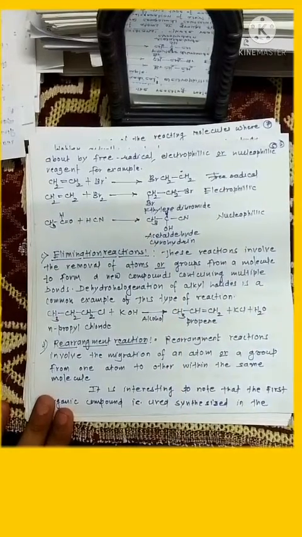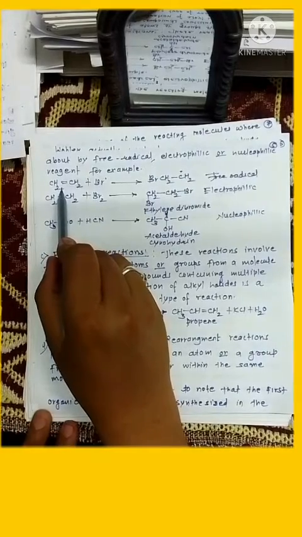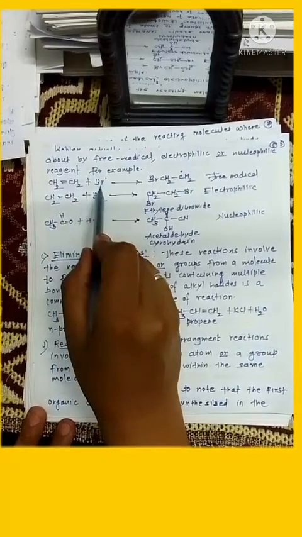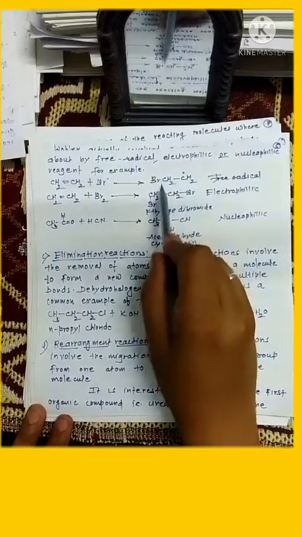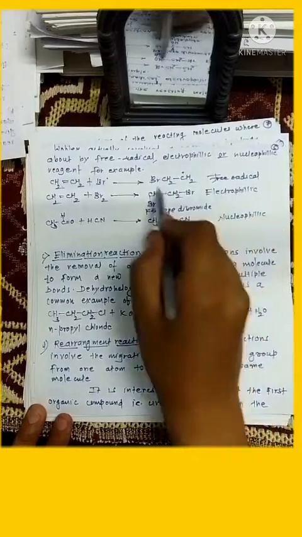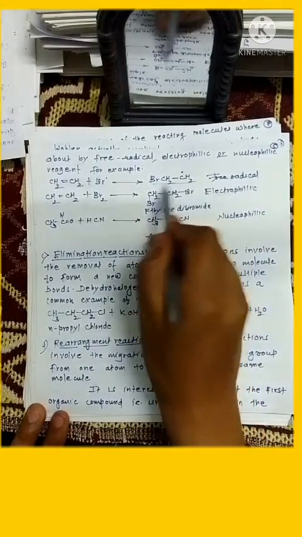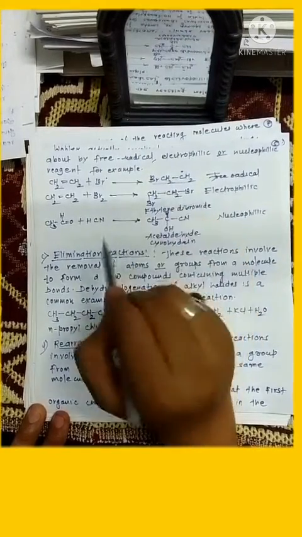For example, just see this reaction in which ethylene is reacted with bromine radical and we got a new free radical. So this product is an addition product which is unstable.